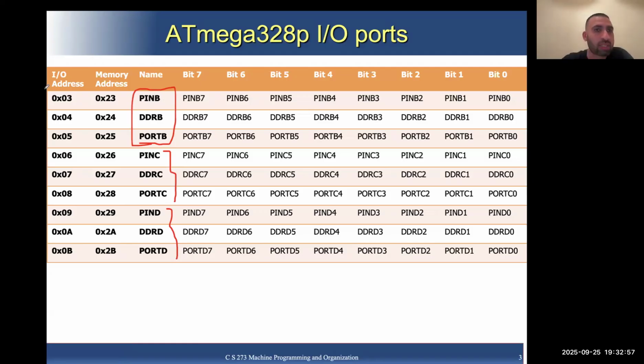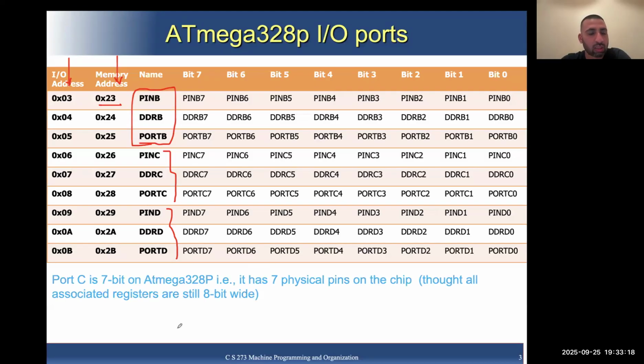So here you can see in the first column their I/O address, and this is their memory address. I/O address basically means, in the I/O range, what is their relative address, and this is their absolute memory address, right? All of these registers which are associated with these three ports are 8-bit wide. One thing which you need to note is that port C is 7-bit on ATmega328P.